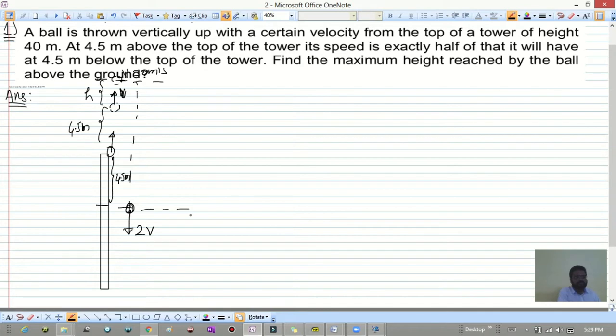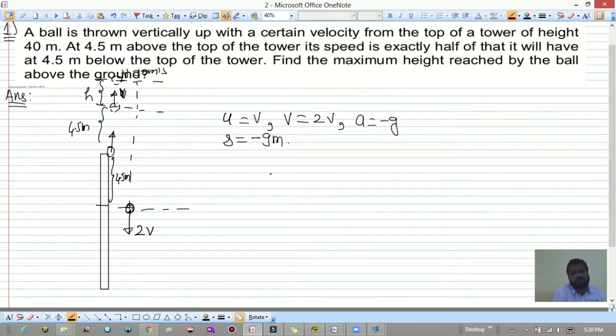Okay, no problem. Now what you have to do is firstly find out what is this v. So how to find what is this v? Initial velocity is v, final velocity we have is 2v, and the acceleration is minus g, and the displacement s we have is minus 9 meter.